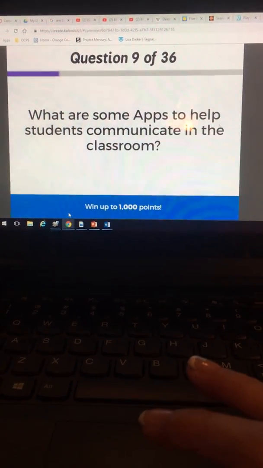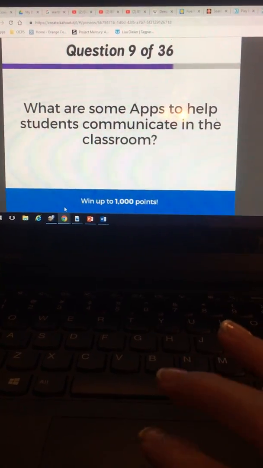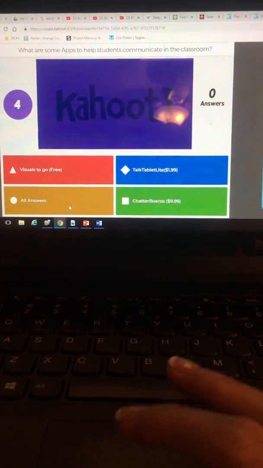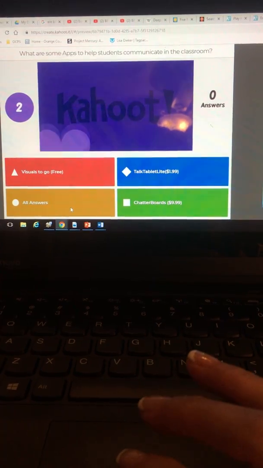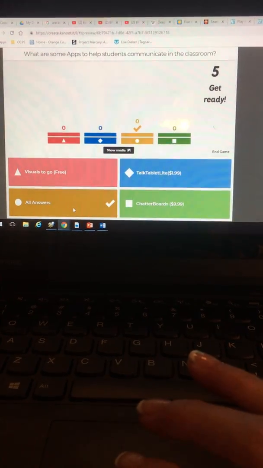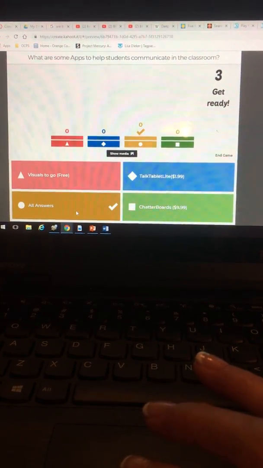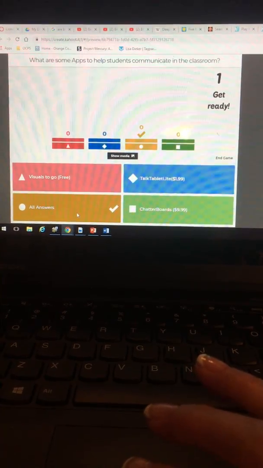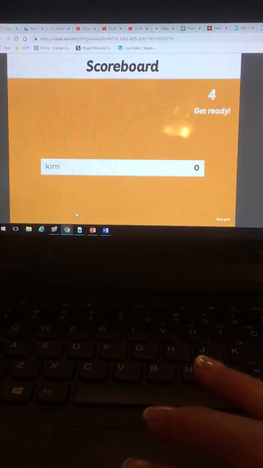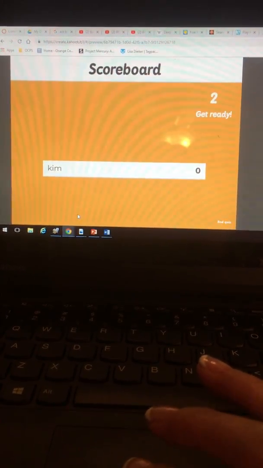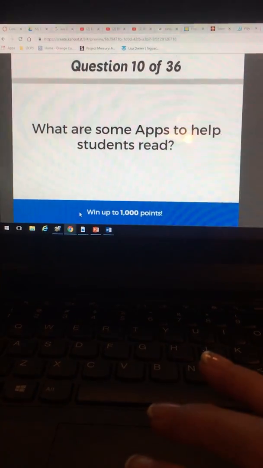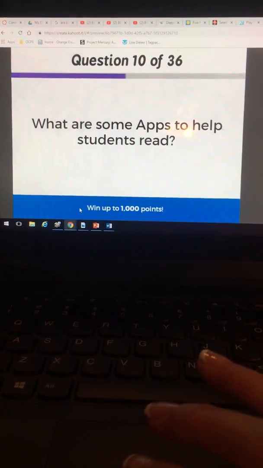What are some apps to help students communicate in the classroom? What are some apps to help students read?